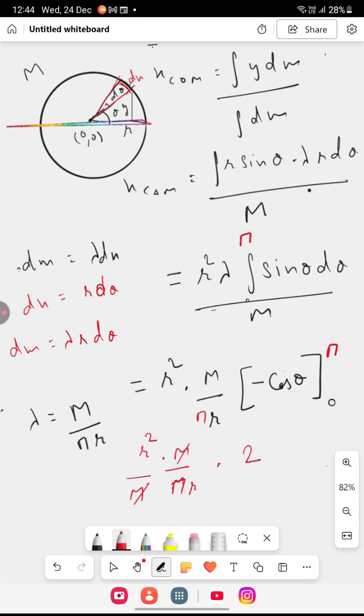M to M cancel, r to one r cancel, it will be 2 r upon pi.